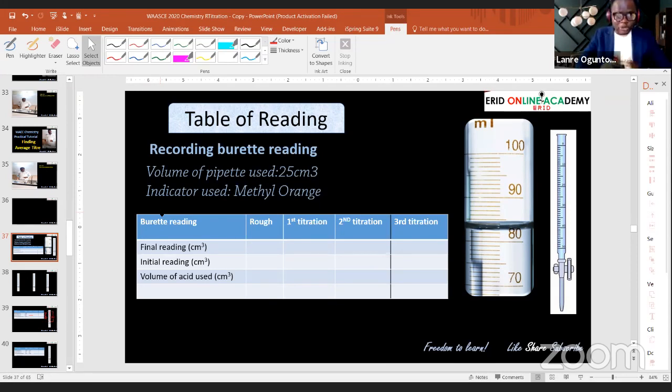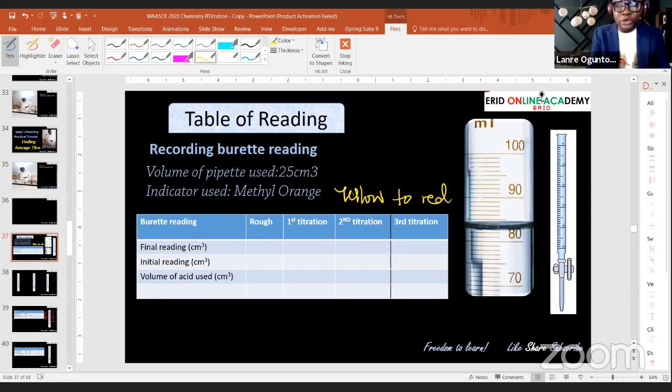Please, this table is very important. You must note the volume of pipette you use. You must note the type of indicator that you use. And of course, you know the color change. Methyl orange changes from yellow to red.